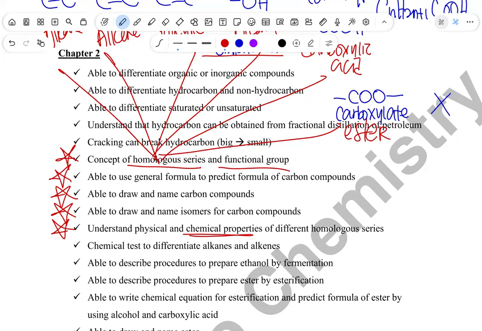So how to differentiate alkane and alkene? Simple one, bromine water, right? Put bromine water in alkane and alkene. If the bromine water changes from brown to colorless, that is alkene. If the bromine water's brown color remains unchanged, that is alkane. So all these things we learned before.